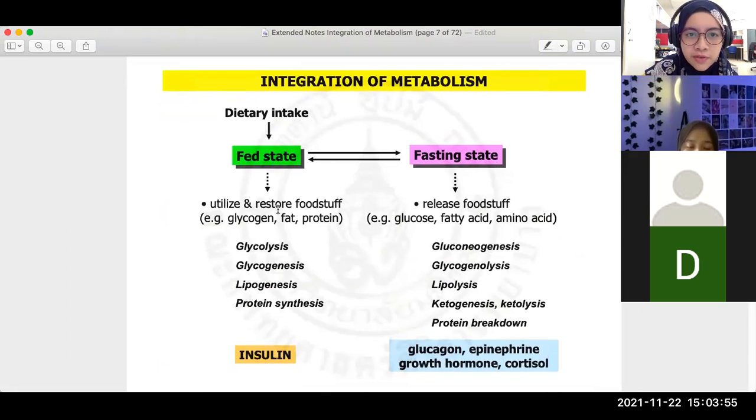In the fed state, meaning when we are full after we have eaten our food, the blood glucose level is high. So the goal here is to reduce the blood glucose level.